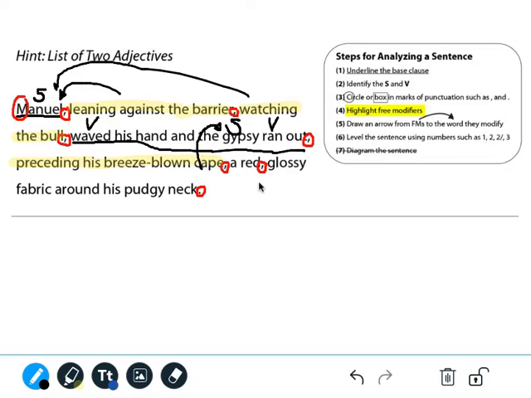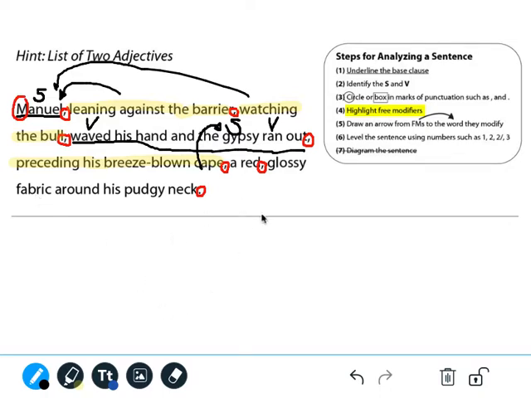And if you said to yourself, well, a red, versus, all right, who is it with the red, glossy fabric around his pudgy neck? You might say to yourself, well, this feels like red and glossy both modify the fabric.